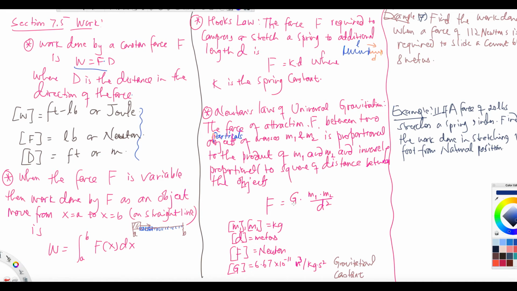So F equals G times m1 m2 over d squared, where m1 and m2 have units kilogram, D has unit meters, F has unit Newton, and with these units G is the gravitational constant, which is 6.67 times 10 to the negative 11 meter cubed per kilogram second squared.